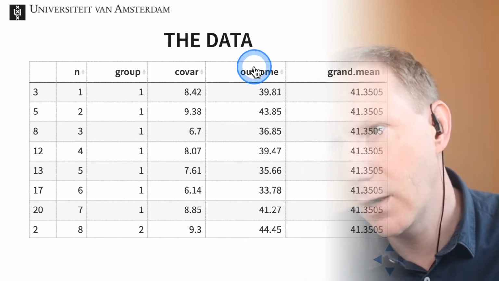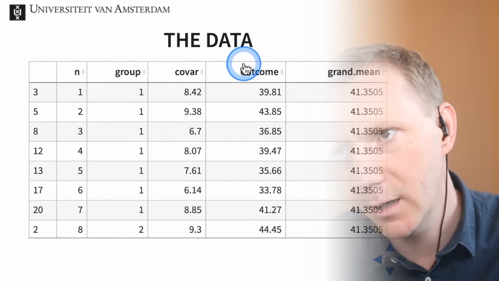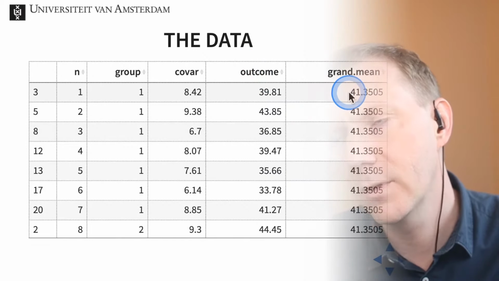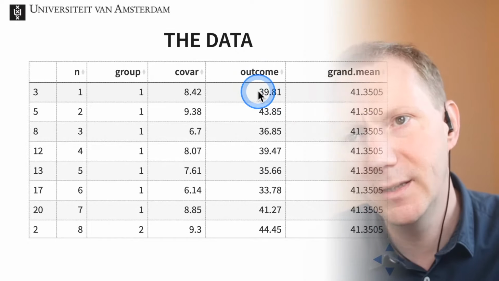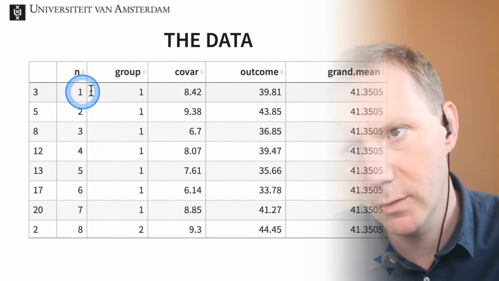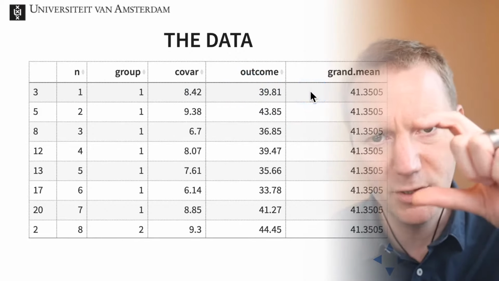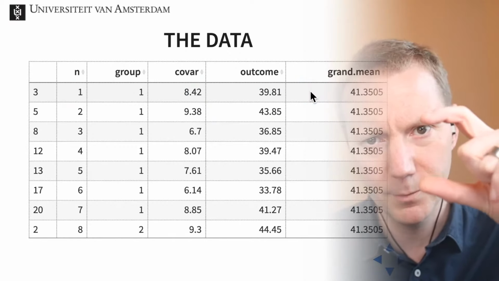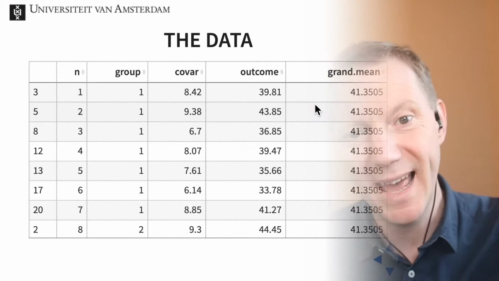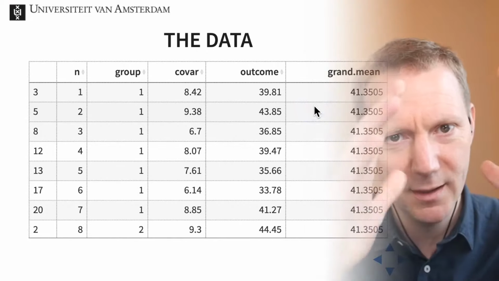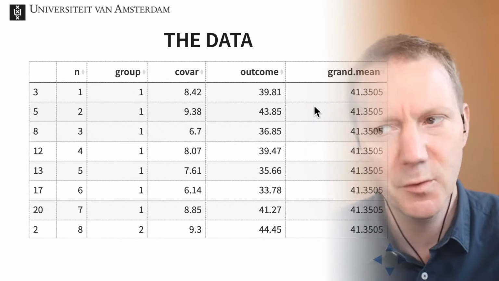For this entire outcome column, if I calculate the mean, that's 41.3505. And if I look at the difference for this individual between these two scores, that is a variance component for that individual. And we do that for all these people. If you square that distance and add those squared deviations, then you're back with your sums of squares again.